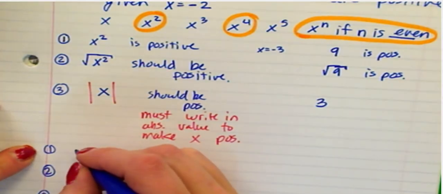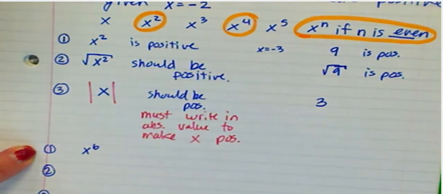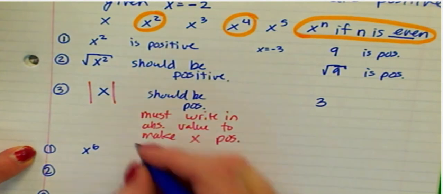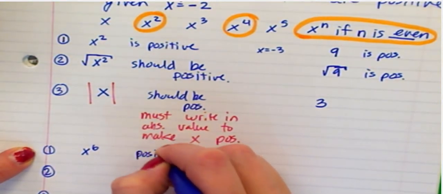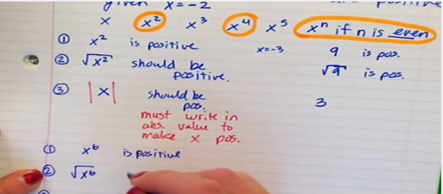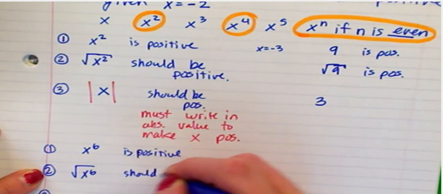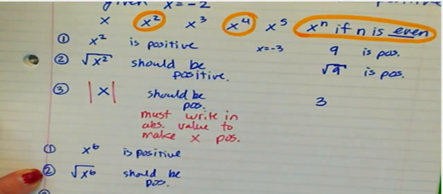All right. So we're going to do this. X to the 6th. Same set of questions. We're going to ask ourselves, is it positive? So it is positive. Should be positive. If you square root a positive number, it should be positive in the answer.